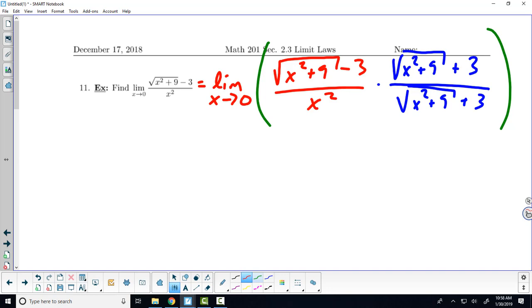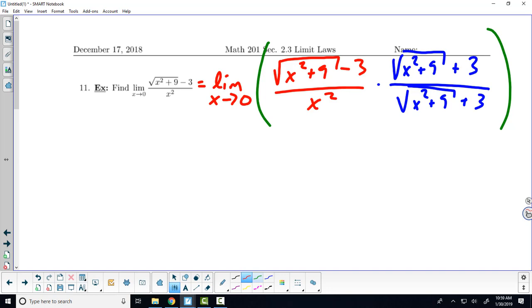Oh, look at that. What happened to my outers and inners? They canceled. Is that a coincidence? No. That's why we multiplied by the conjugate. Multiplying by the conjugate forces the outers and inners to cancel out. Then we do our last, and we get minus 9.